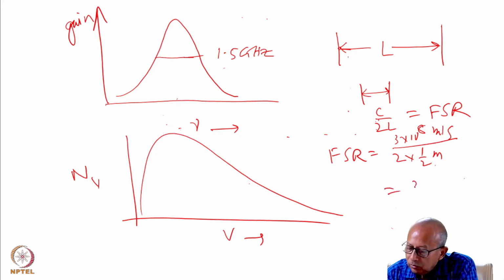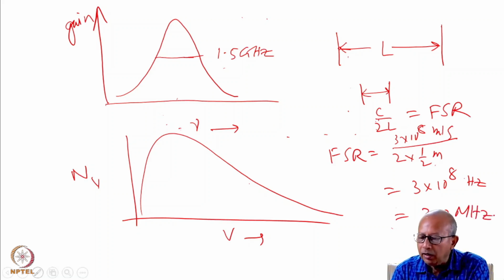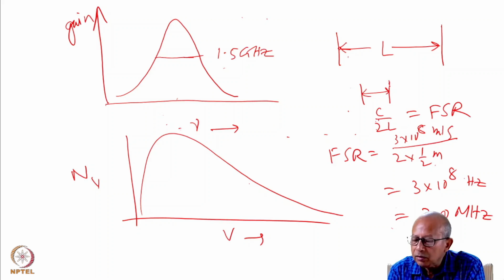So this is equal to 3 into 10 to the power 8 hertz. So 300 megahertz is the free spectral range, the spacing between two cavity modes.